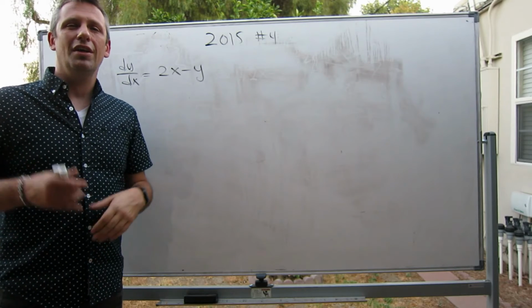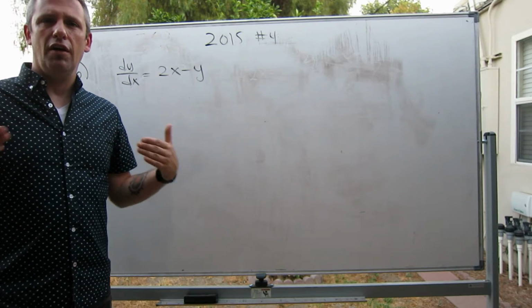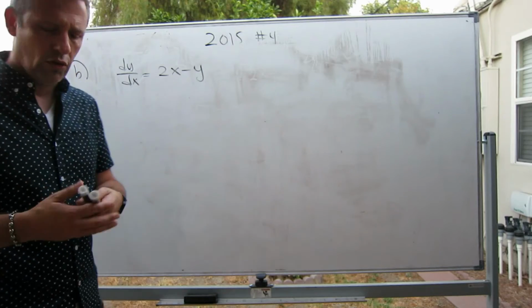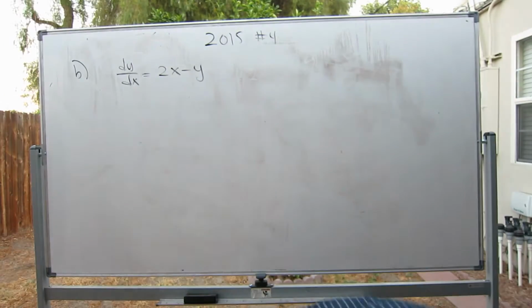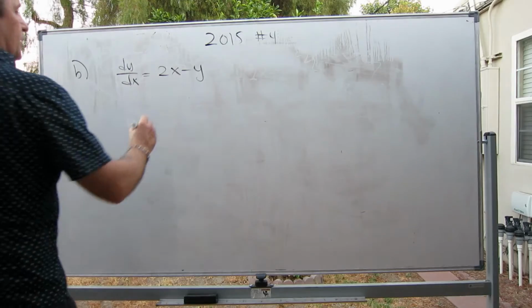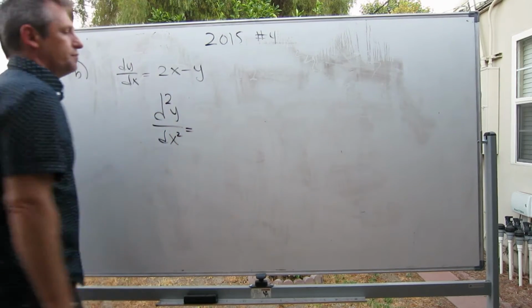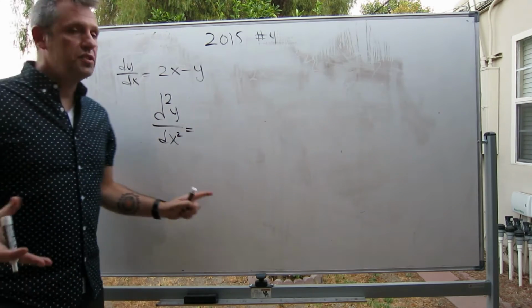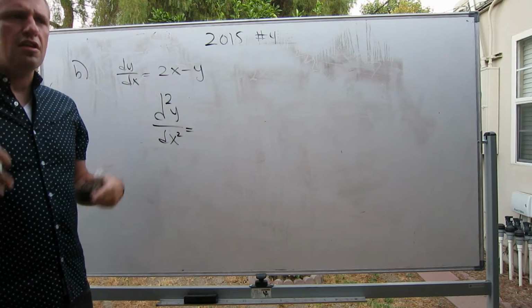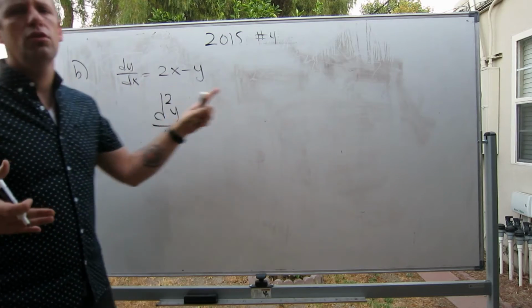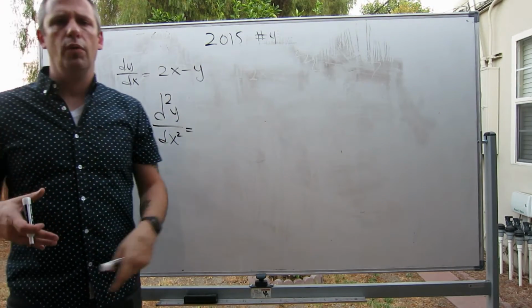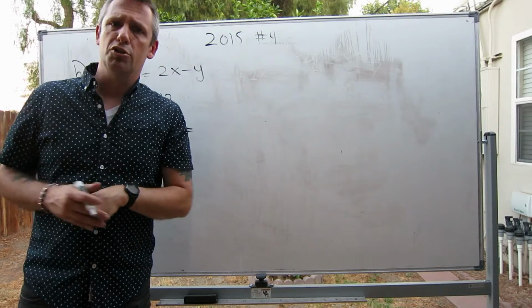Part B asks us to look at what the second derivative of such a function would look like. It wants us to figure out what d squared y dx squared is, and to use that to figure out what the concavity of any solution curve to this differential equation would have to be in quadrant 2.